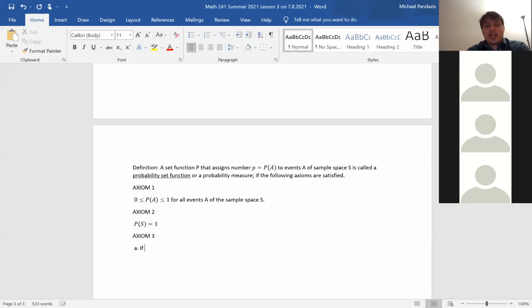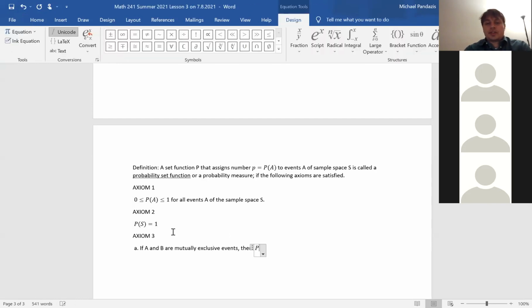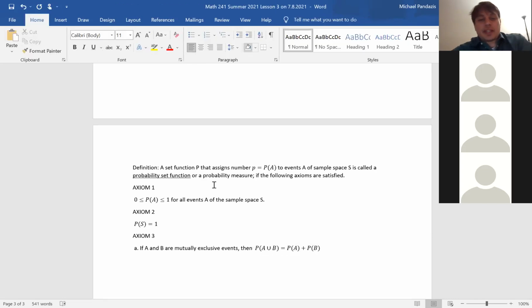If A and B are mutually exclusive events, then the probability of A union B is equal to P of A plus P of B. Okay.